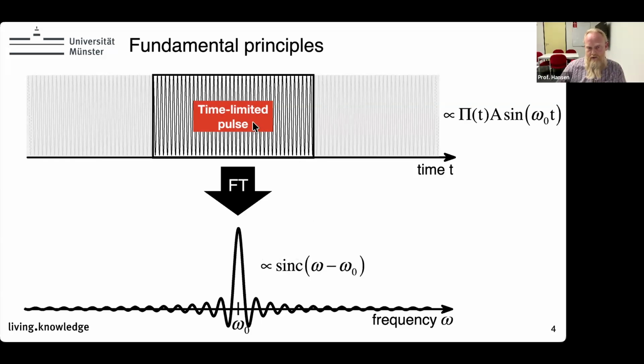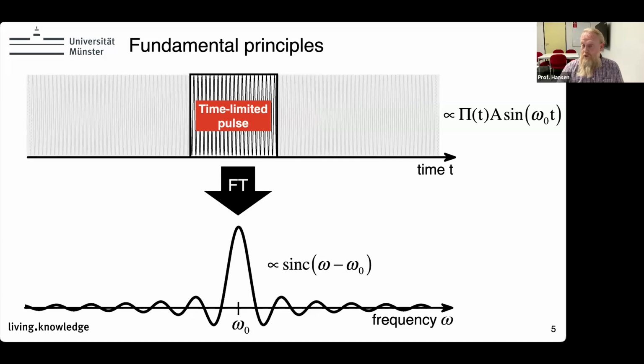That means that now, instead of having one frequency in the RF pulse you are applying, you have a distribution of frequencies. That means that you can excite within a certain frequency window. And that's the whole idea of pulse NMR. You can, of course, also make the pulse shorter, and then the frequency distribution gets even wider.